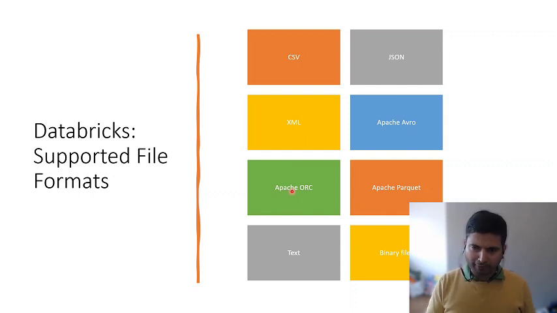Apache Parquet is evergreen. Like I said, it's a columnar and compressed file format, but even though it is compressed, you're able to query the data very efficiently. Text data and binary files are also supported, especially when you have images. Converting them to binary files and loading them in the system is quite efficient. That's when the binary format is quite helpful.